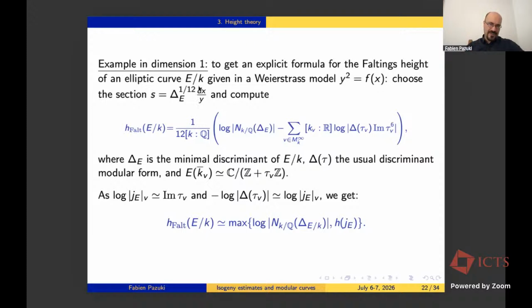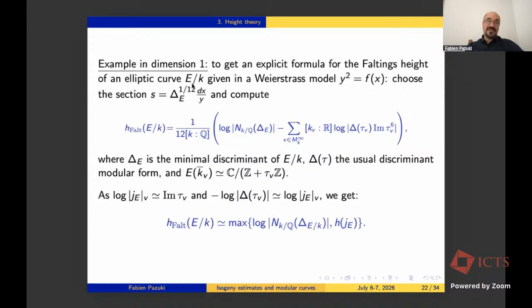So now dx over y, if you play a bit with it, you want something intrinsic. I'm explaining the choice of this section. So you're aiming for something as intrinsic as possible. In particular, you try to get something that is invariant under the isomorphisms of the curve. So this section is chosen in that form.